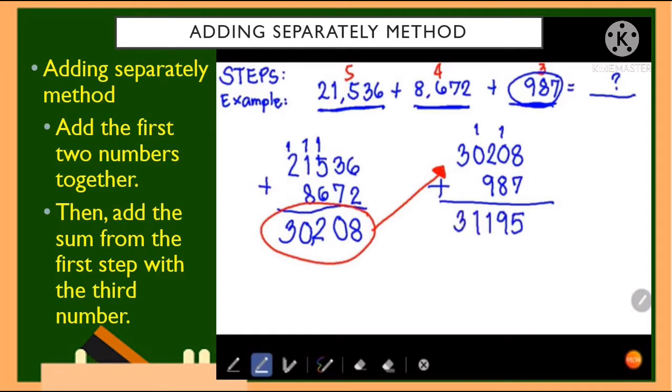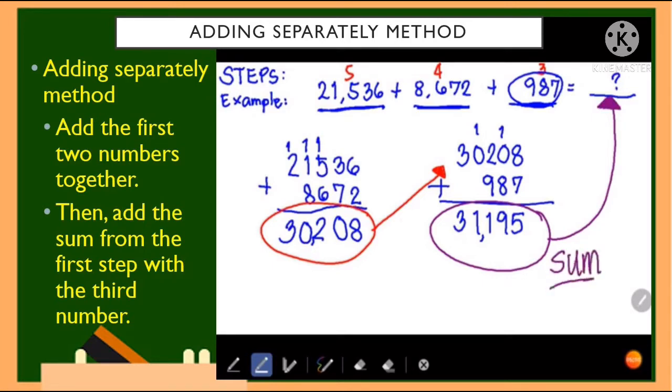Now where do I put the comma? In between 1 and 1. Now this will be our final answer. What do you call the answer in an addition? Sum. So this is now our sum.